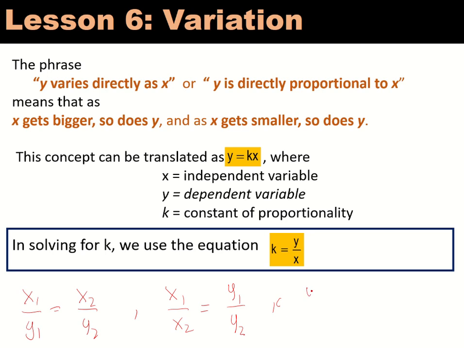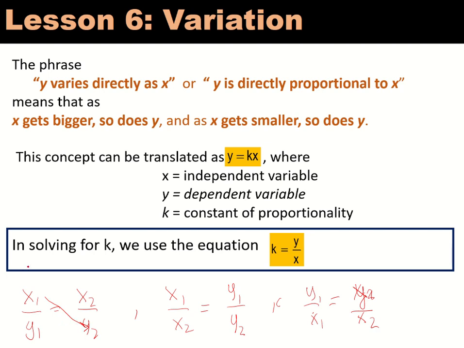We can have y sub 1 over x sub 1 equals y sub 2 over x sub 2. Anyway, they will just yield the same product. Say, for example, we have here x sub 1 times y sub 2.